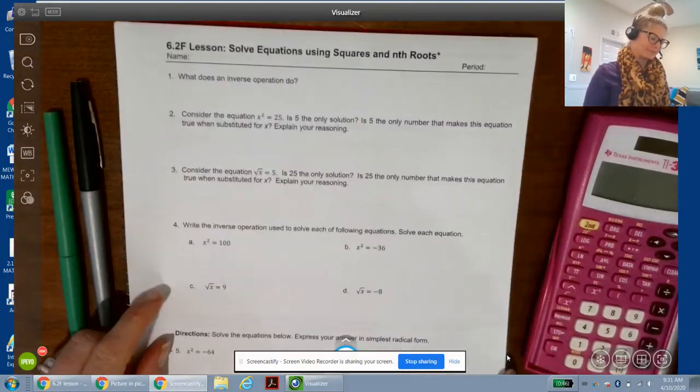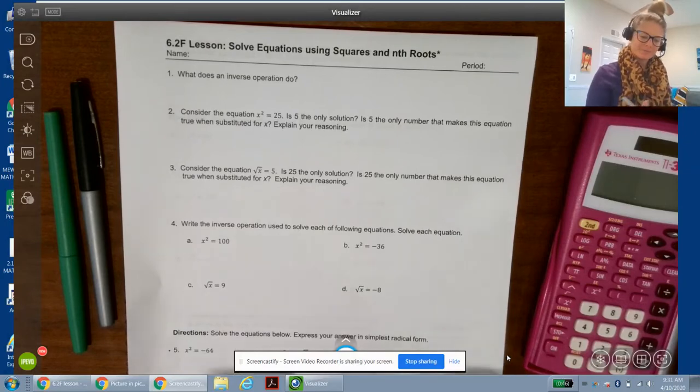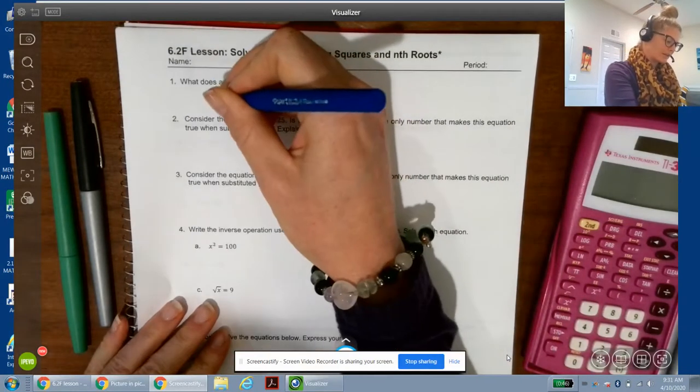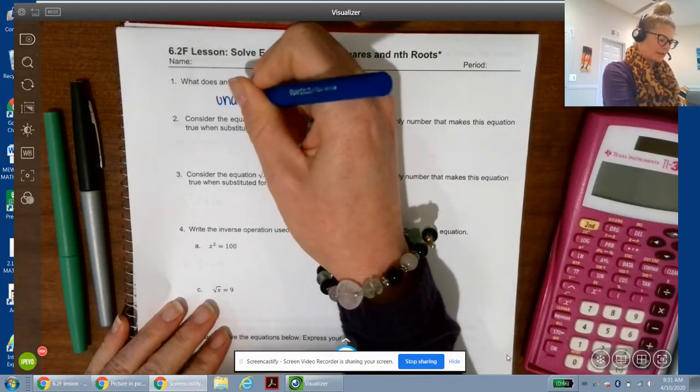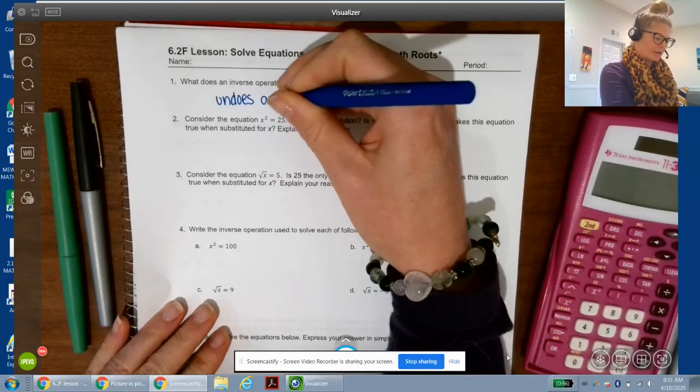6.2f lesson. So what does an inverse operation do? Do you remember? What do you think? Yep, you're right. An inverse operation undoes an operation.